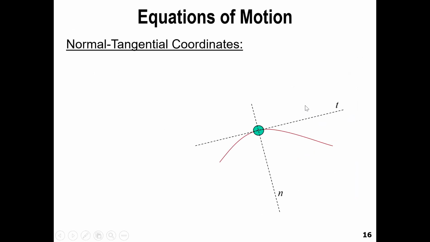So the next coordinate system is normal-tangential. If this is the path of motion, the tangential is obviously tangent to the path. Normal is perpendicular to that, toward the center of curvature of the path at this point.